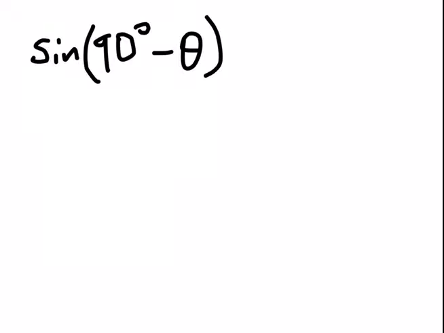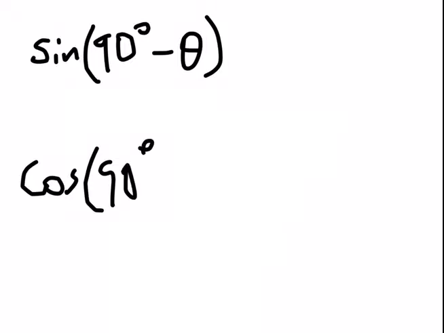We will also look at another one where we have cos of 90 degrees where we minus an angle. I'm therefore going to train you on how you apply this reduction formula.